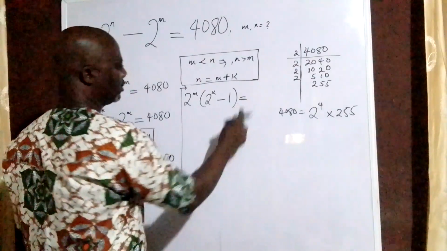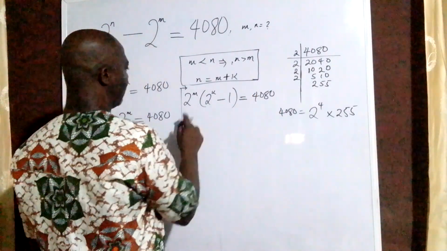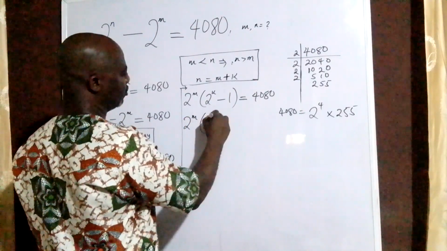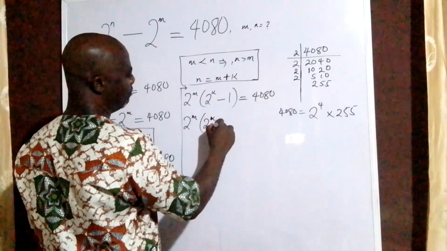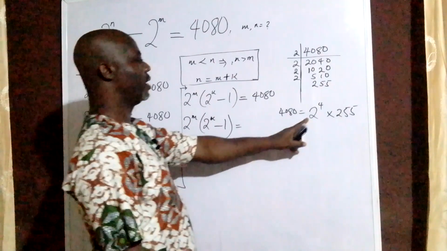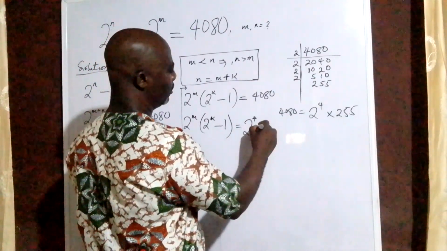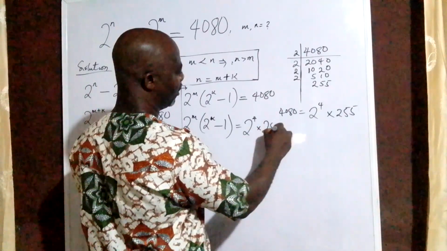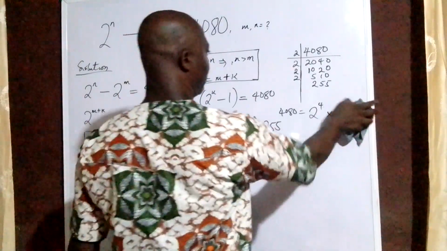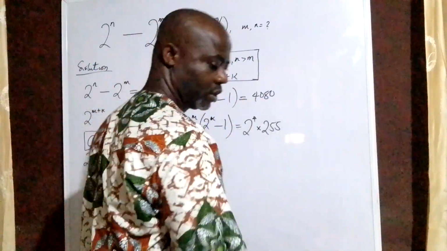So I'm going to replace, okay, that's 4080. So here I'm having 2 to the power of n, open bracket, 2 to the power of k minus 1 equal to, so I'm going to replace this with 2 to the power of 4 times 255. Okay, so let me make some space here so that we have a clean space to work with.